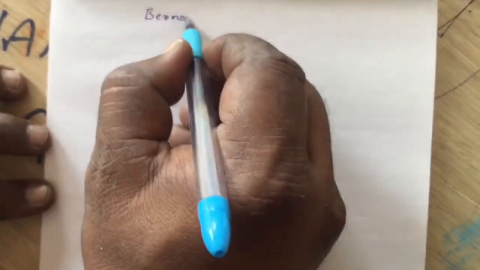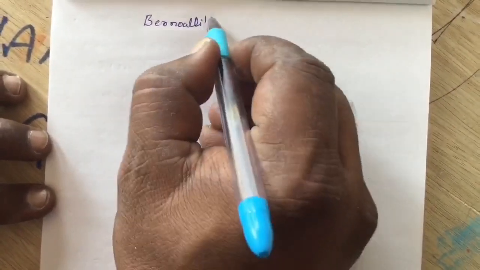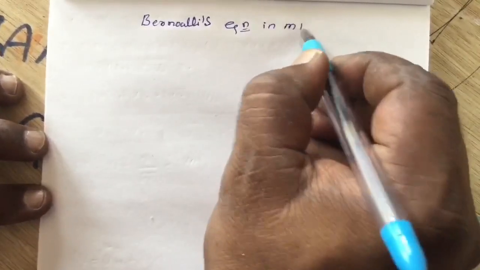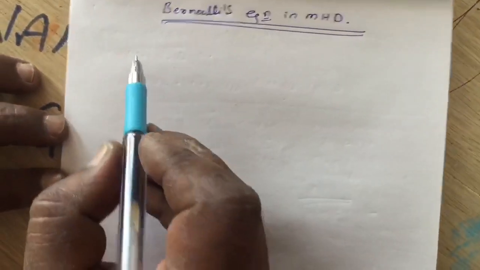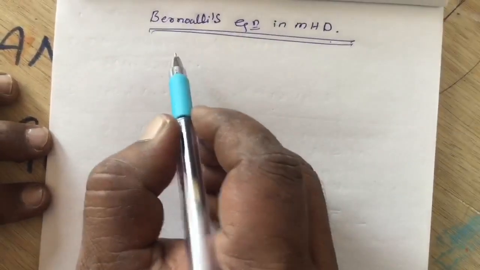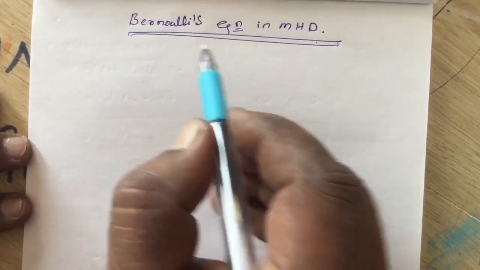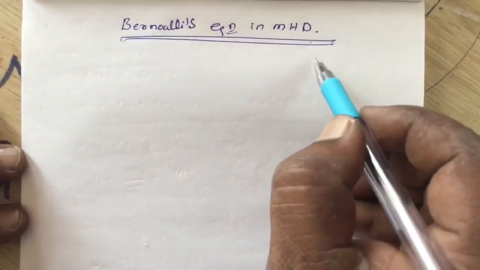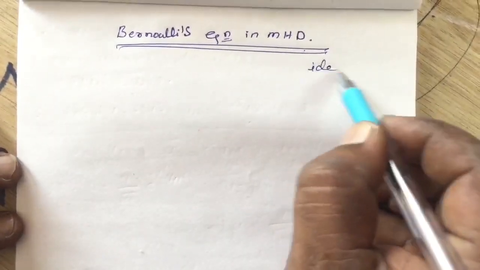Bernoulli's equation in MHD. To get Bernoulli's equation in MHD, you have to integrate the momentum equation for an ideal fluid.